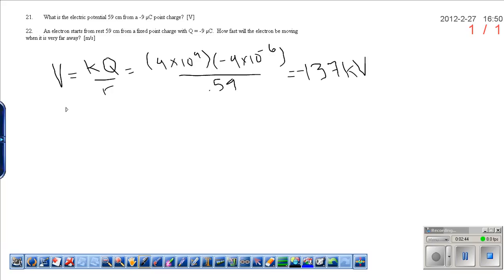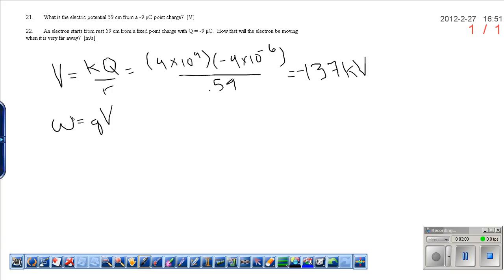Similarly, with electric potential, we can say that at the bottom of this minus 137 kilovolt potential, the work that can be done, or that will be done on this electron, is equal to qV.